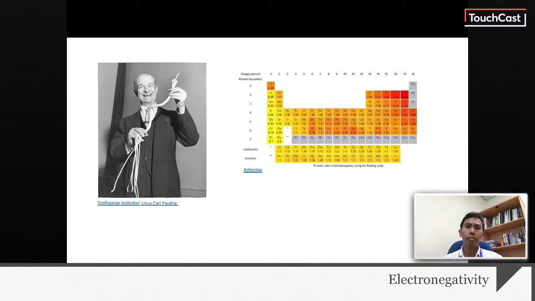Electronegativity of an atom is a relative value of the atom's ability to attract electron density towards itself when it bonds to another atom. It is very useful in order to describe how electrons are distributed between two atoms in a chemical bond.